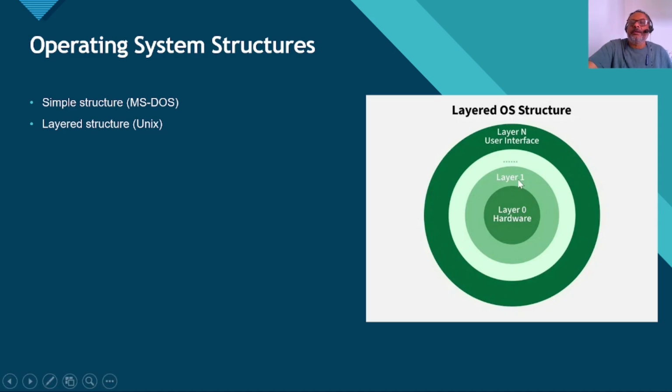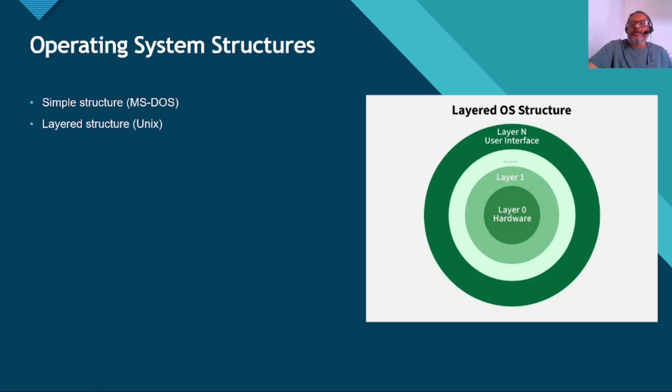Then we have layered structure for Unix-like systems, where the innermost layer, that is the bottom one, is the hardware. Then we have layer 1, layer 2, layer 3 and so on. Layer 1 will directly interact with the hardware, that is layer 0, whereas layer 2 has to interact with layer 1, and if layer 2 wants to interact with the hardware, then it has to interact via layer 1 only.